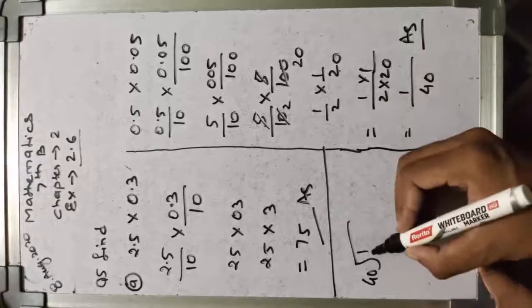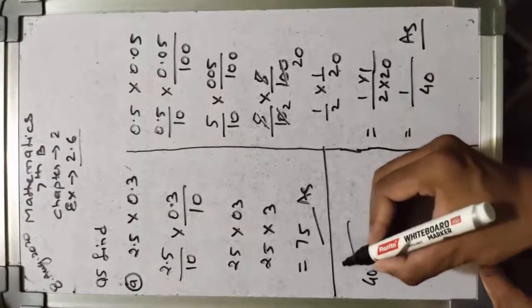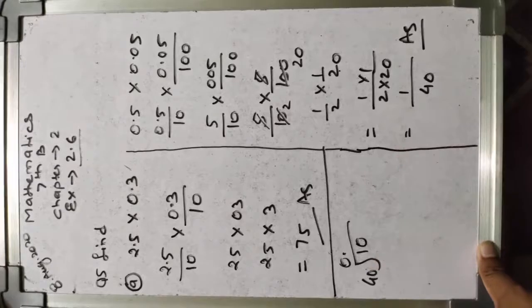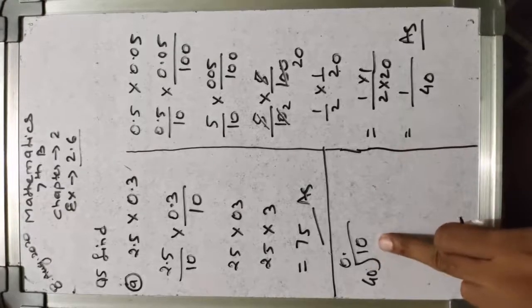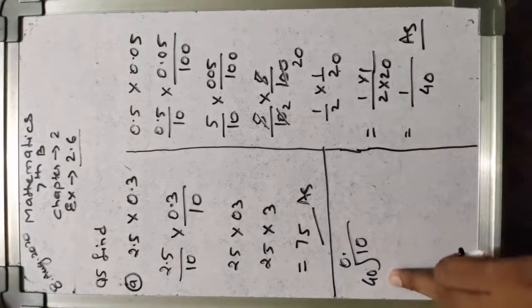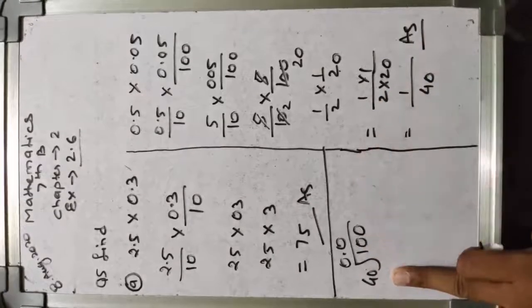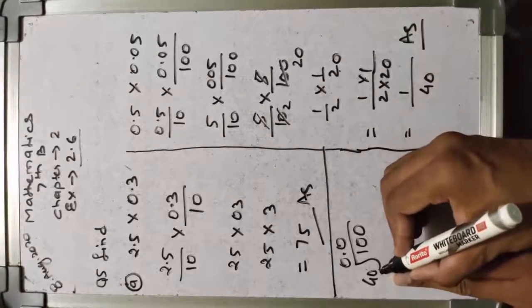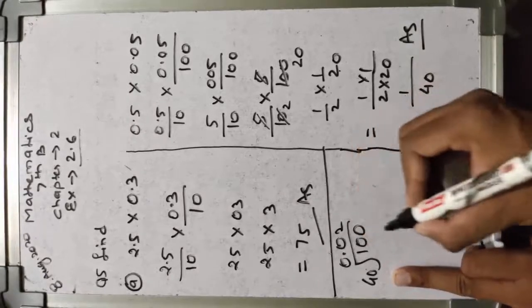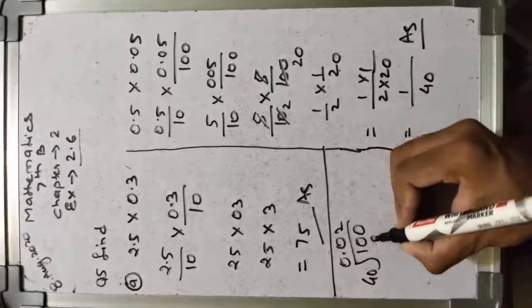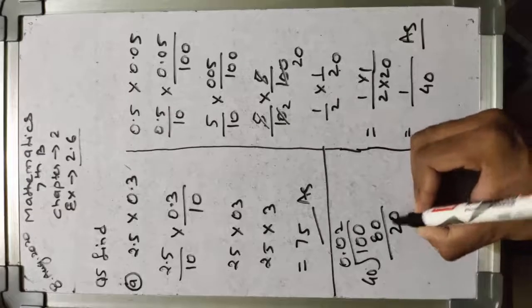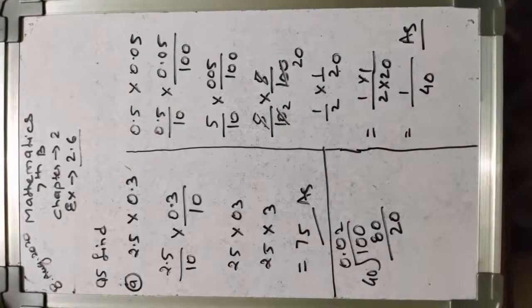You can't divide 1 by 40 now, so I will put a decimal here, but you still can't divide 10 by 40, so I will put another 0 here, making 100. Now 40 2s are 80, so the remaining number will be 20.